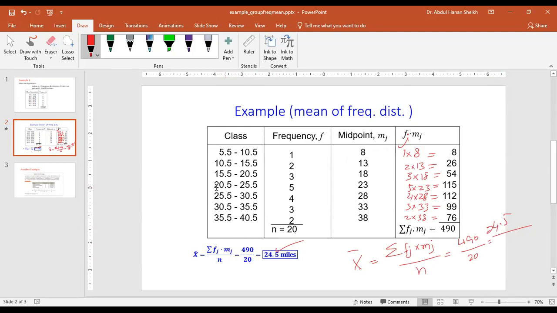And one thing you can also note is that most persons, who ran between 20.5 and 25.5, are in this class, and there are 5.